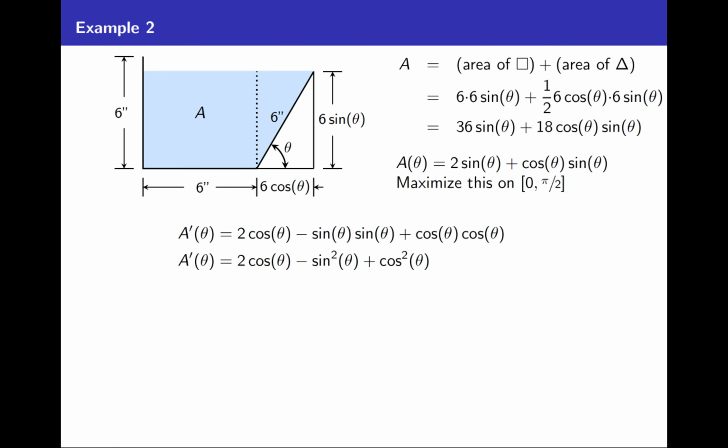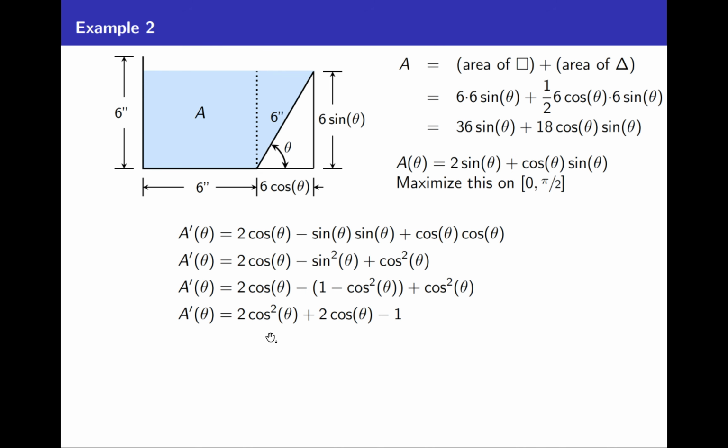Remember that sine squared theta plus cosine squared theta equals 1. So this sine squared theta here is 1 minus cosine squared theta by that trig identity. And let's write it that way. Let's replace the sine squared theta with what it's equal to, which is 1 minus cosine squared theta. And now we've got some like terms. We've got a cosine squared theta here and another one there, and we can combine those.